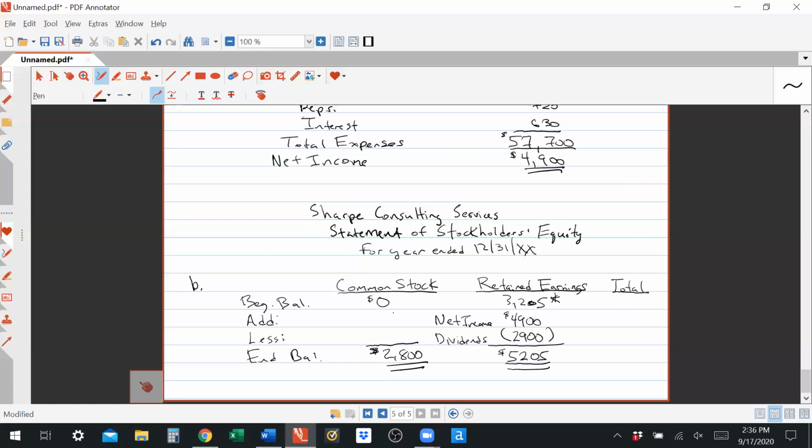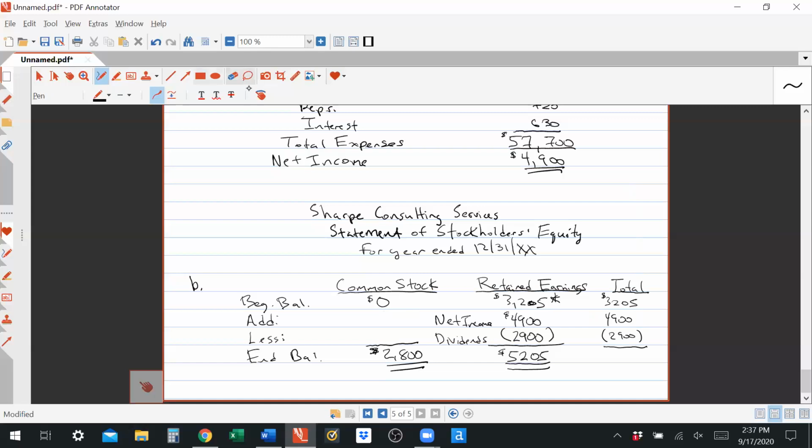Now, common stock may have a different beginning balance than 0, but we don't know for sure. So we'll just put 3205. We'll put 4,900 here. Subtract 2,900 here.